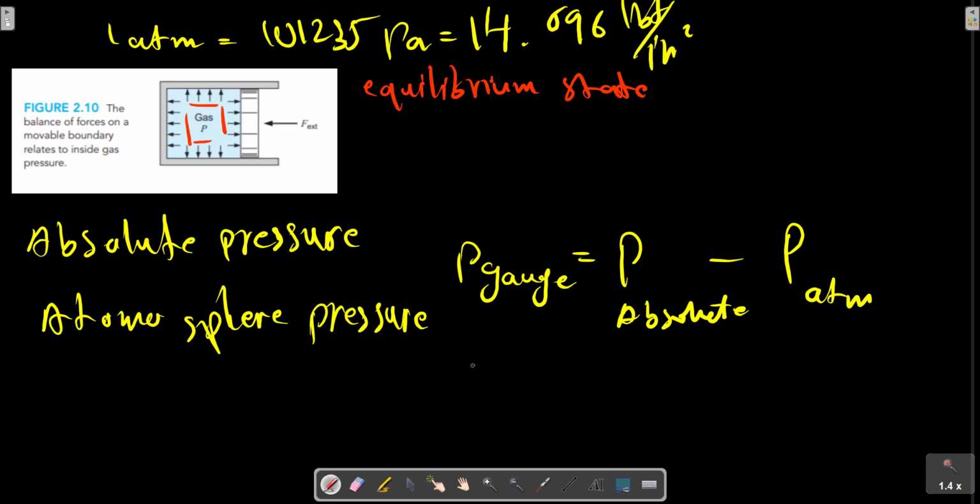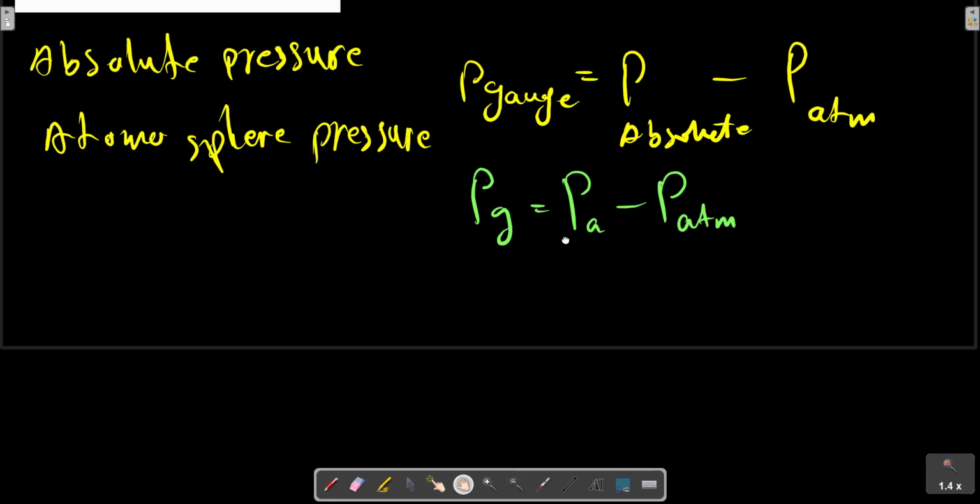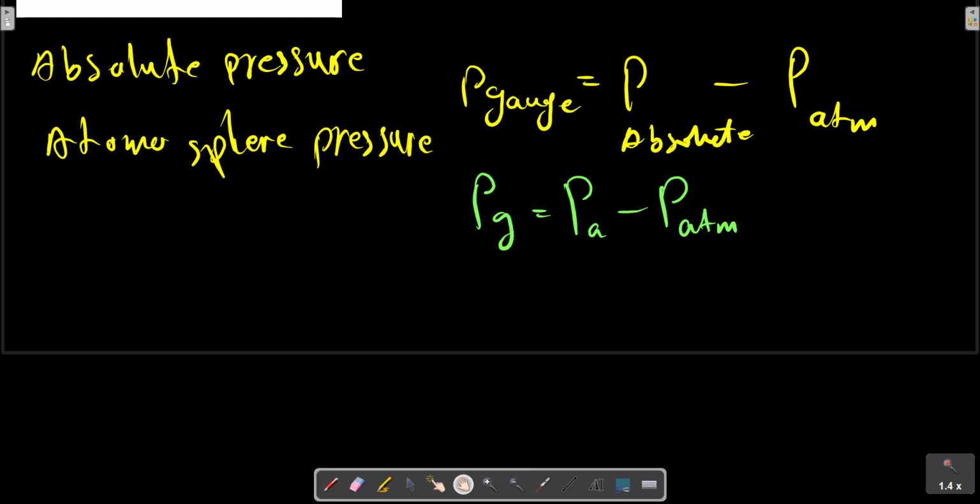And in short, we have this relation for the gauge pressure, and maybe sometimes with P0.